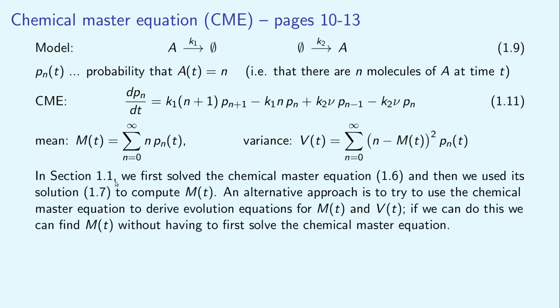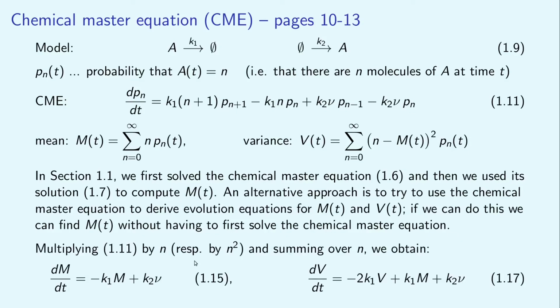In section 1.1, we first solved the chemical master equation 1.6, and then we used its solution 1.7 to compute the mean M(t). An alternative approach is to try to use the chemical master equation to derive evolution equations for the mean and variance. If we can do this, we can find the mean M(t) without having to first solve the chemical master equation.